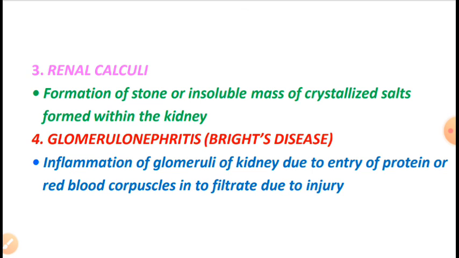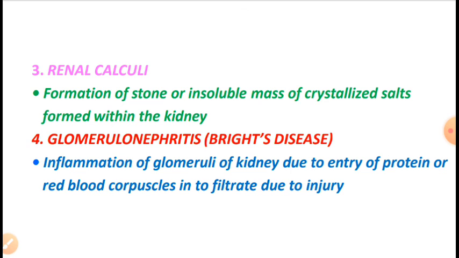So now we can easily understand that when, due to any condition, the function of the kidney is disturbed, it creates disorders related to our excretory system or kidney, and these are the main disorders related to the excretory system. Generally, uremia means accumulation of urea in blood. Another is renal failure, where kidney failure chances are there.